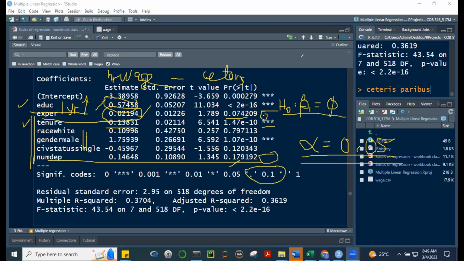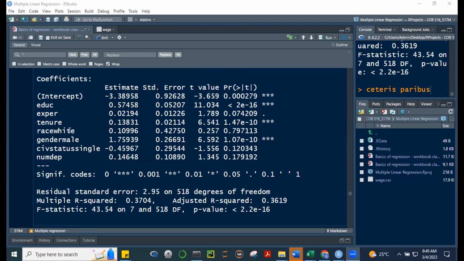Let me clear this. Now, why is it that I'm having here race white, and then gender male, but our variables are race, gender, and civil status? Why is it that white here is appended or affixed?